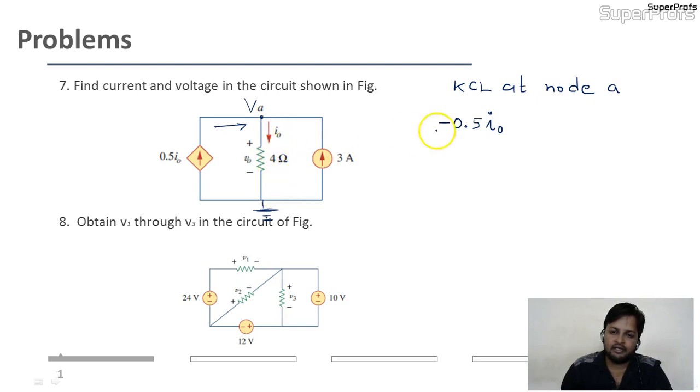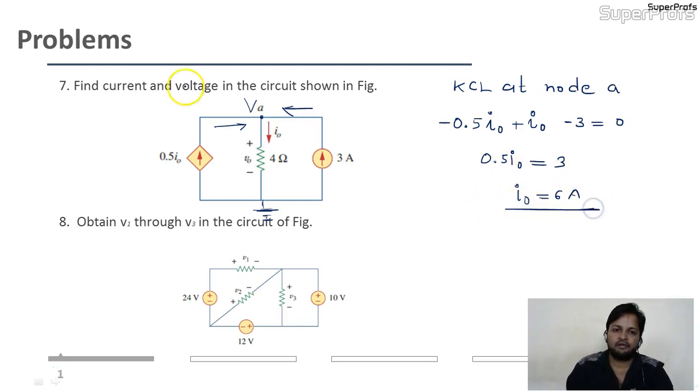Here the outgoing current I naught is given, plus I naught. In this branch minus 3 is coming, equal to 0. At this node we are having 3 branches, so we will be having 3 terms in one equation. Minus 0.5 I naught plus I naught, it will be 0.5 I naught equal to 3. So I naught is nothing but 6 ampere.